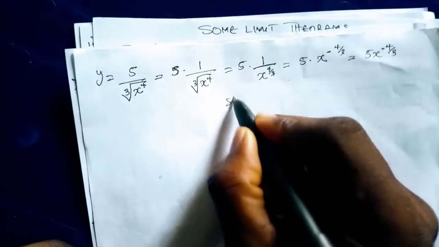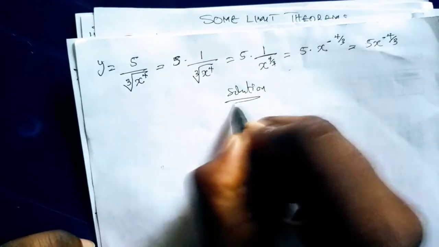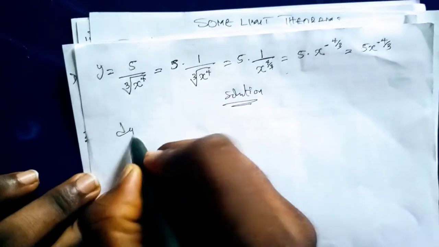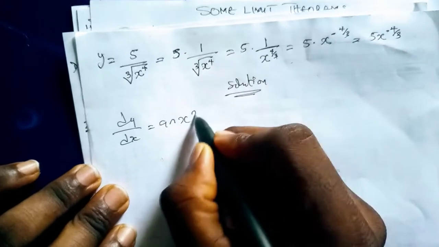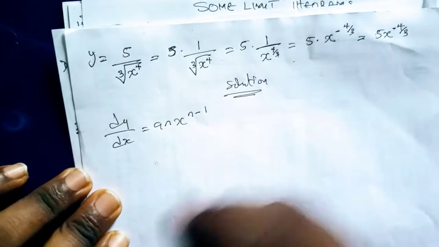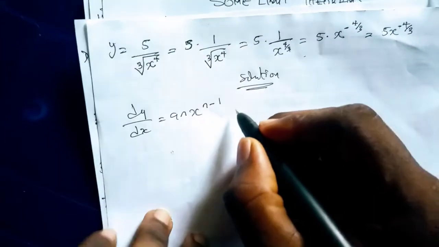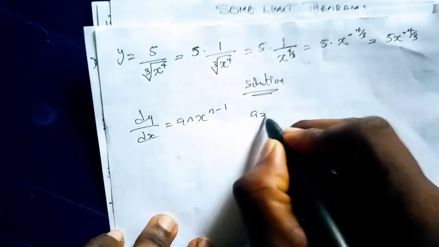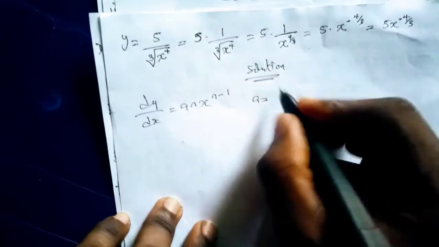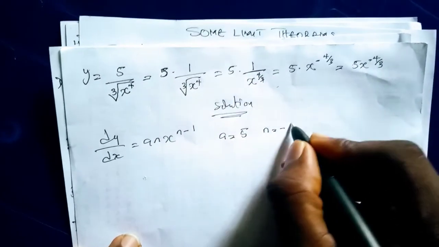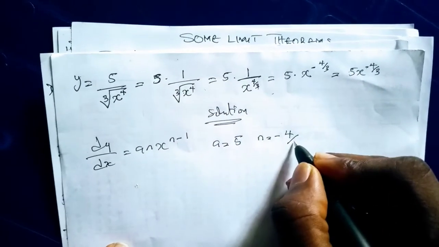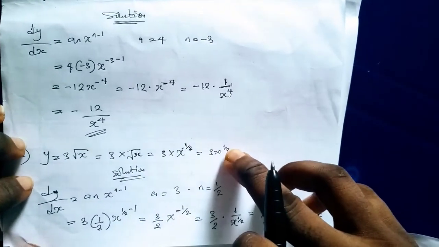This is very easy to work with. And so, solution: dy/dx is equal to a times n times x raised to power n minus 1. Our a, we see from here, is 5. Then our n is equal to negative 4 over 3, just the same way our n here was equal to half.